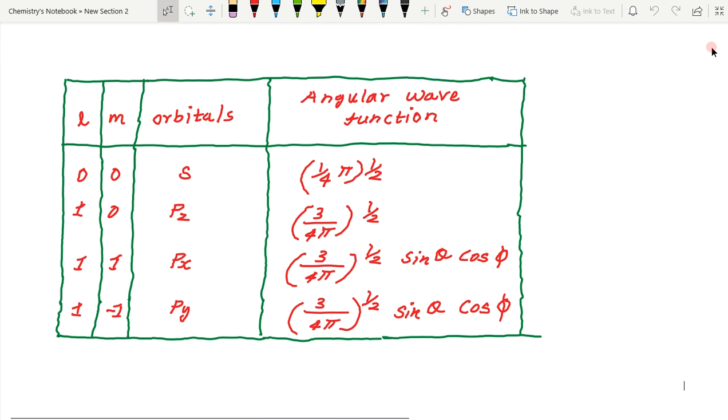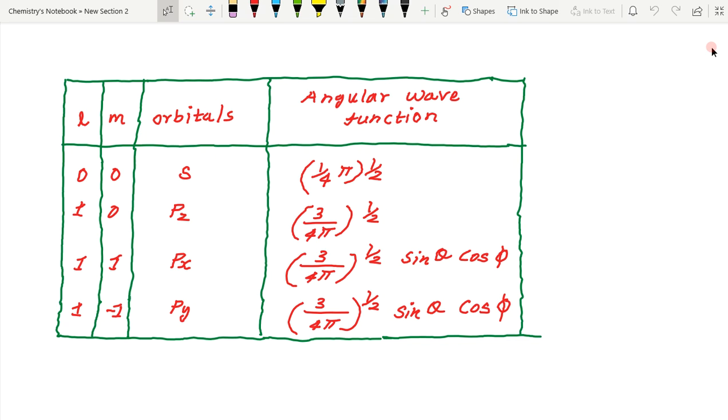l, m: l is the azimuthal quantum number, m is the magnetic quantum number; orbitals, angular wave function. l is 0, m also 0, the s orbital, the spherical shape of the orbital.